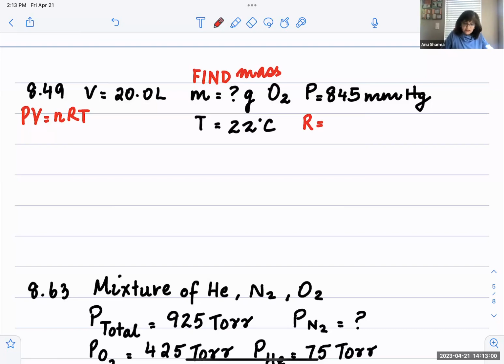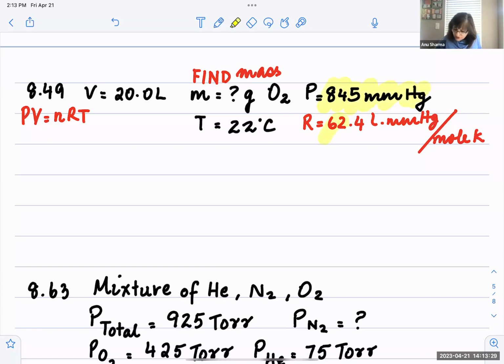You're going to look at it because the pressure given is different. The pressure is in millimeters of mercury. Therefore, the value of R is 62.4. Let me double check. Yeah, it is 62.4 liters millimeters of mercury per mole K. This is the value you will use because the pressure is in millimeters of mercury.